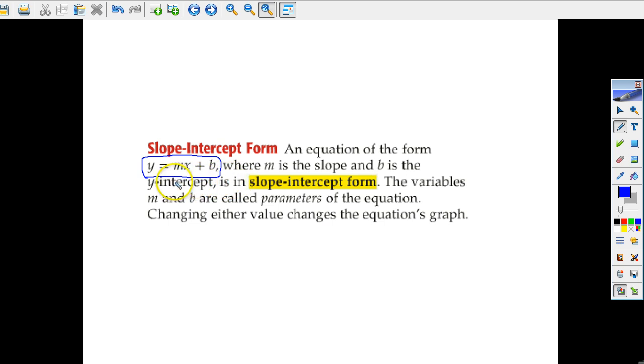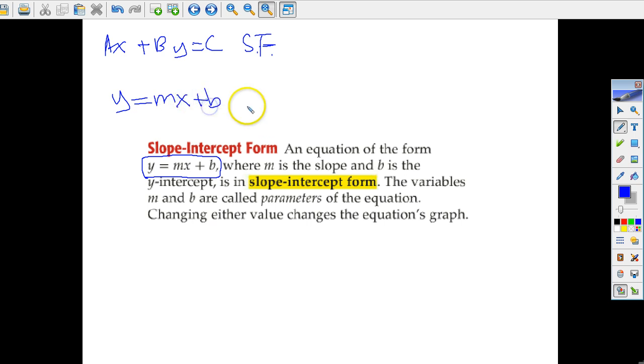So we've learned standard form, which is ax plus by equals c. Okay, this is standard form, SF. Slope-intercept form is y equals mx plus b.